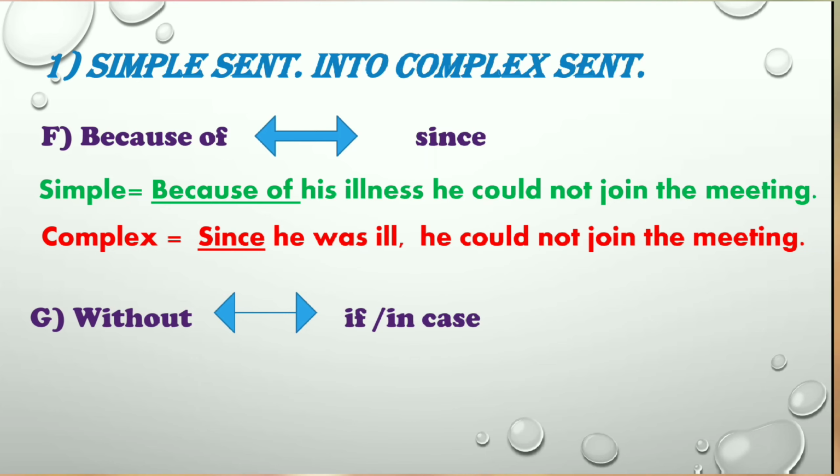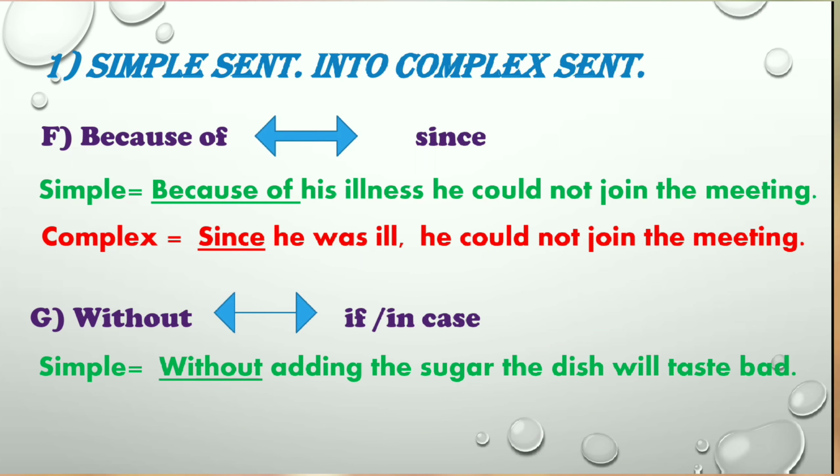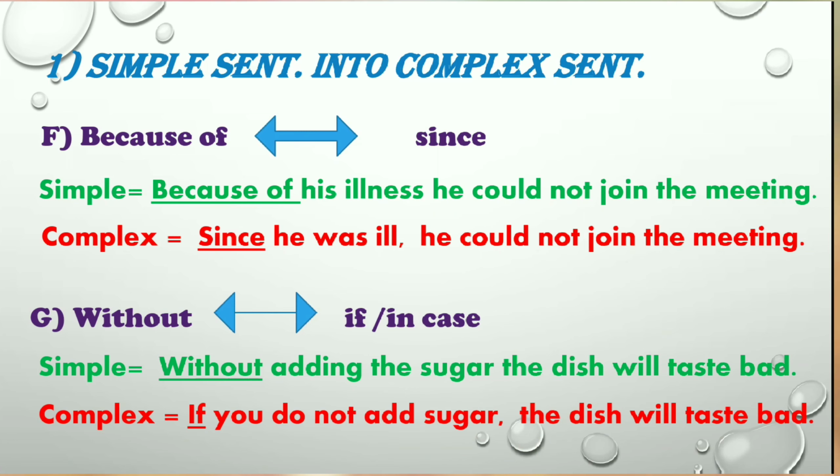Now let's see another way. If without is used in a simple sentence, you can change it into if or in case. Let's see an example. Without adding the sugar, the dish will taste bad. So without is used here. So you can remove it and use if or in case.